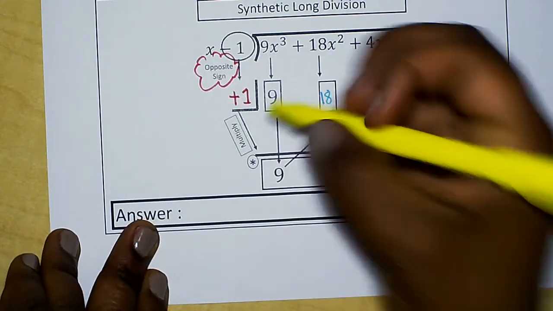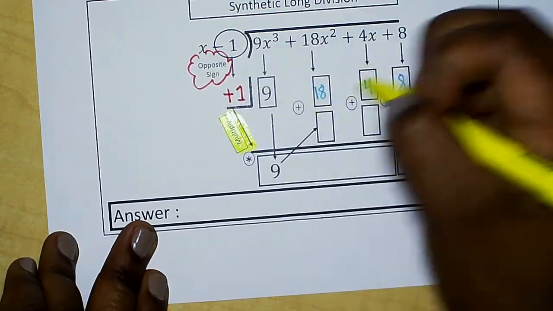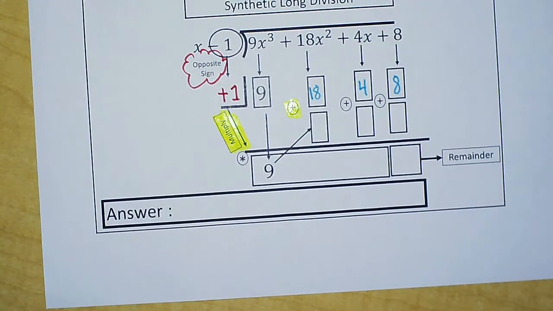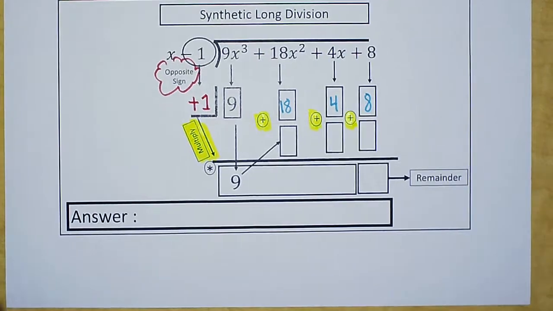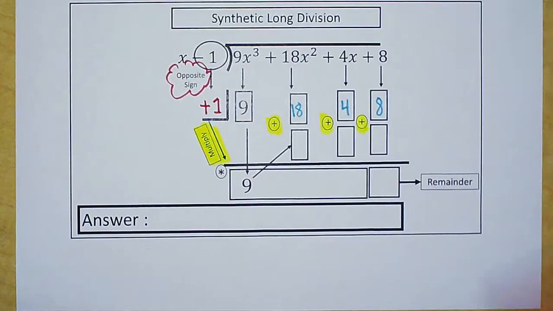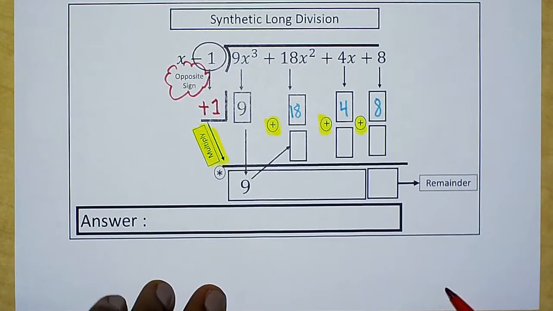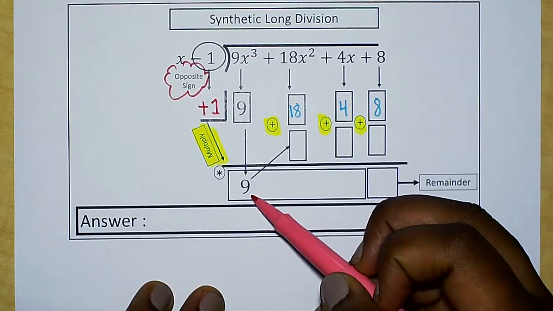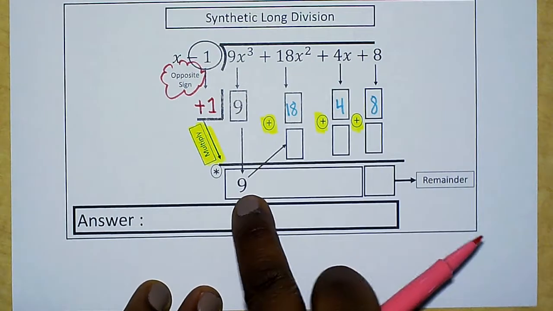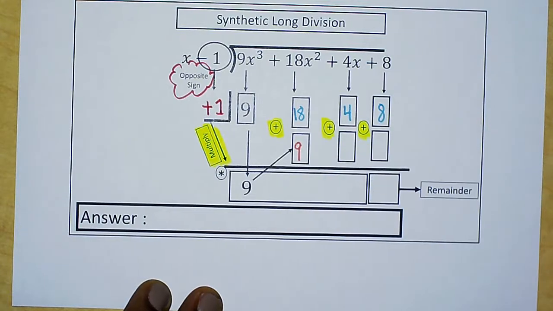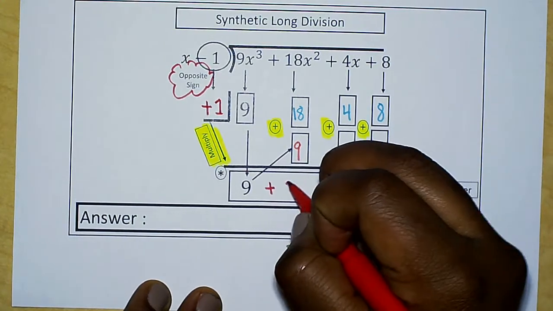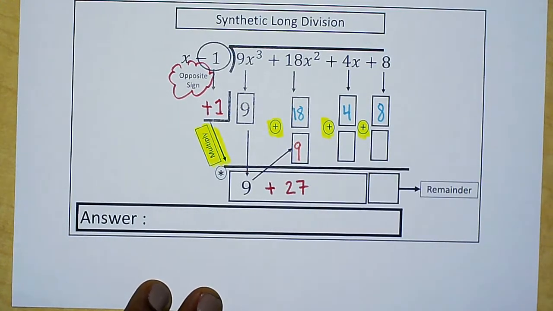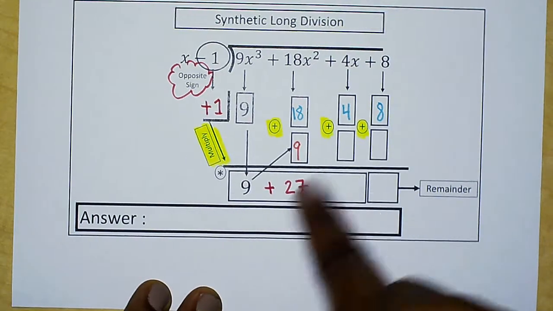Now to get my numbers at the bottom, I'm going to multiply and then add. I think I'm going to need a calculator for this one. Let me get my markers. 1 times 9 is 9. And 18 plus 9 is 27. So this will be plus 27 because it's positive. Now I'm going to do 1 times 27.